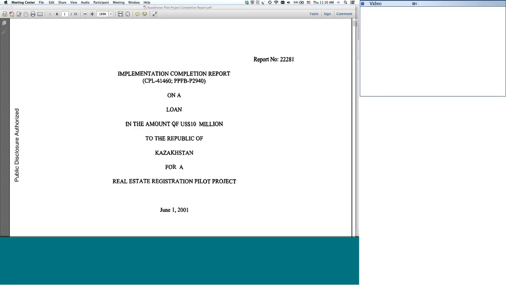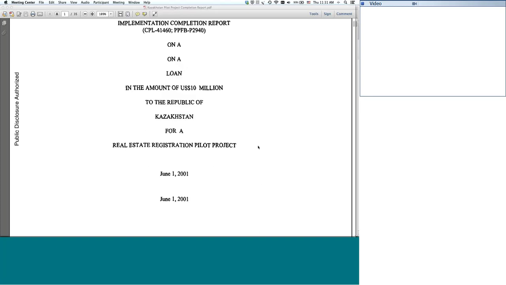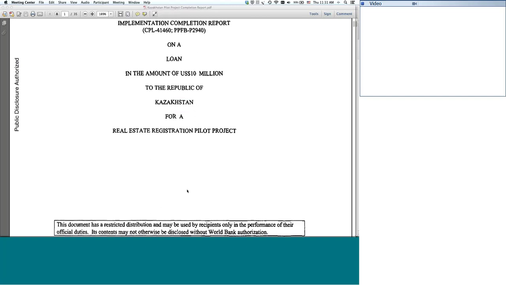So this document is from 2001. It reports on the loan that was finished in, I don't know, 99 or something, 97. So it's very similar to the document we looked at on Tuesday regarding the Thailand project.